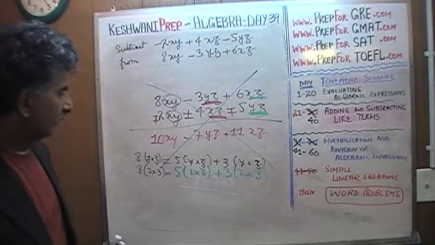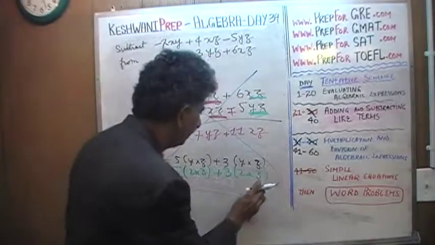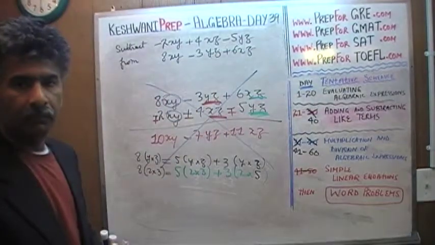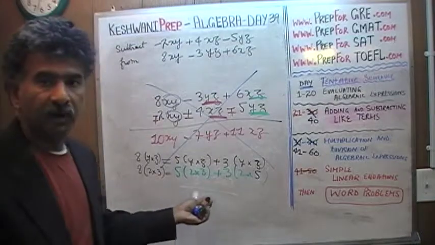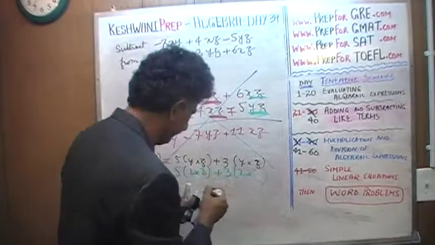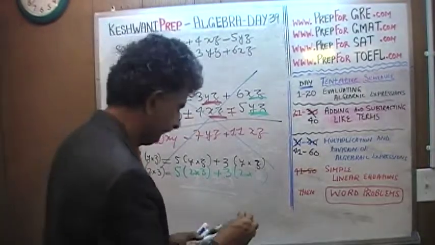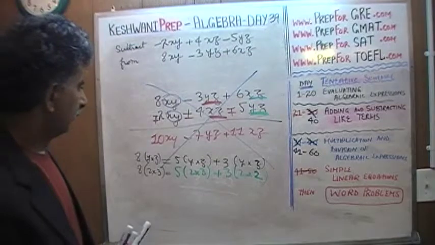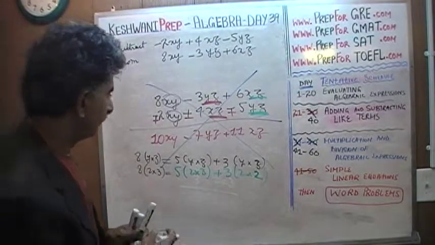But what happens if instead of a 3, I have a 5 here? Let's leave it the way it is, and we'll do it in a different color. I forget, z was 3.